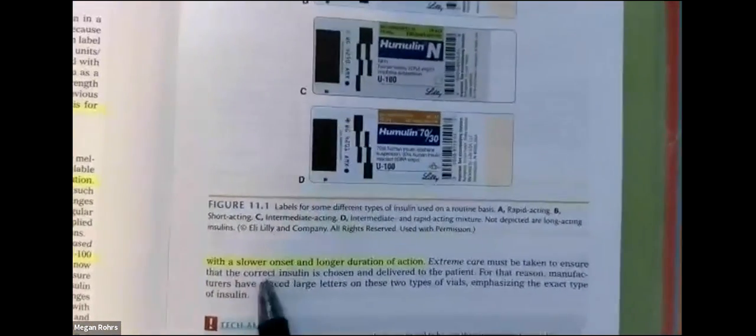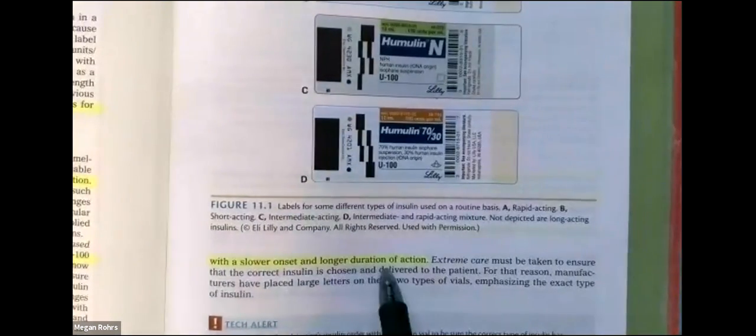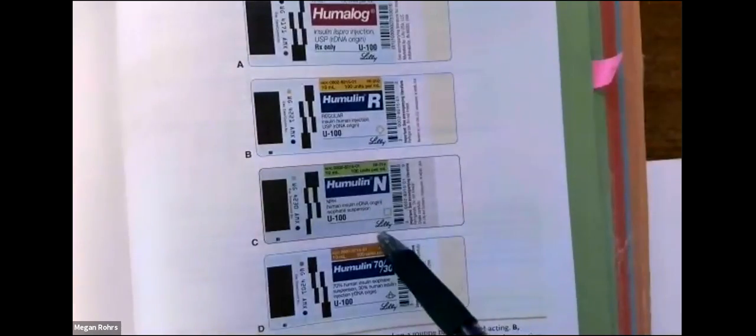It has a slower onset, meaning it takes longer to start working, and it has a longer duration of action, so it's going to work longer in the body. Here's an example of just a few different types of insulin labels that we see. We have Humalog, Humulin R, Humulin N, and then Humulin 70/30, which is actually a combination of both regular and NPH insulin.